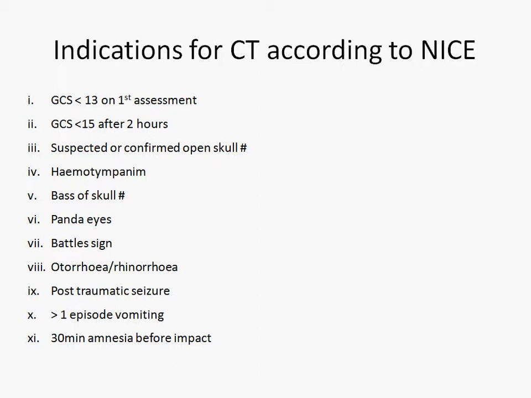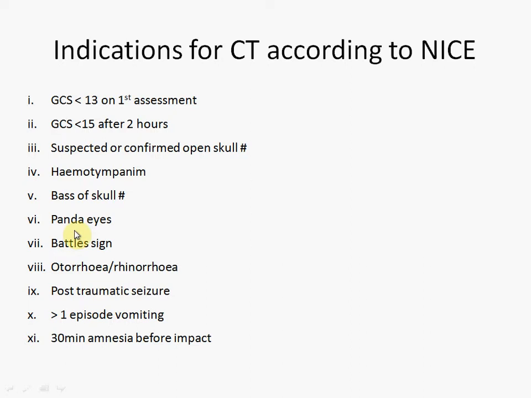It can be difficult to get it accepted by the radiologist. However, with the NICE guidelines, all you have to do is say the patient had a GCS of less than 13 on first assessment. I would like a CT head to exclude an intracranial hemorrhage, and your scan will be accepted straight away because your radiologist really can't refuse this if it's according to NICE guidelines.